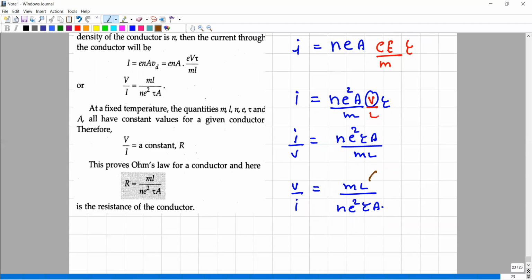Mass of electron constant, length of the conductor constant, number of electrons per unit volume of any conductor, that is also constant, charge of the electron constant, area of the conductor constant, and this here tau, the relaxation time, is also constant at a constant temperature. At any given constant temperature, this relaxation time will be constant.